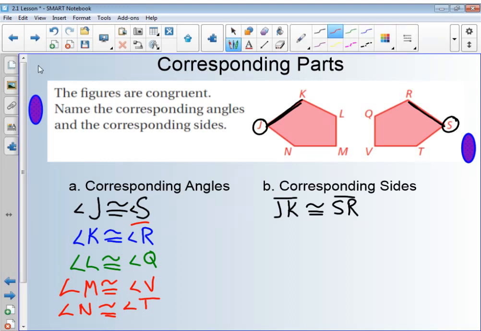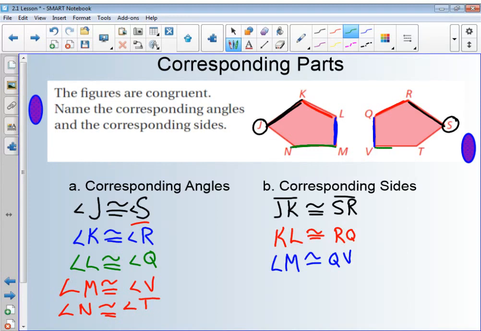Okay, so let's do KL. Well, that would correspond to RQ. Oops, not LQ, RQ. LM would be QV. And then MN would be VT.